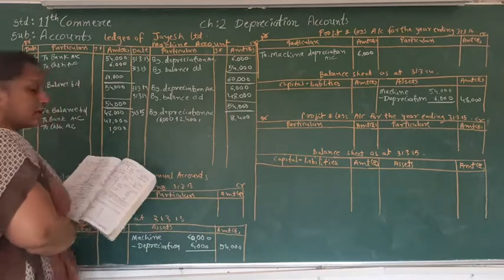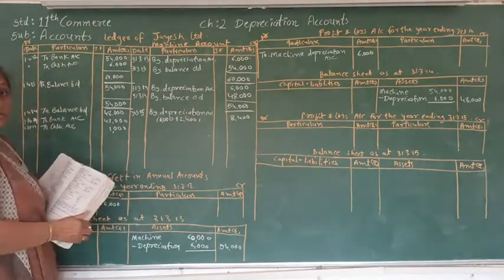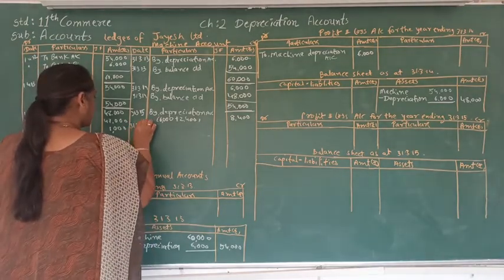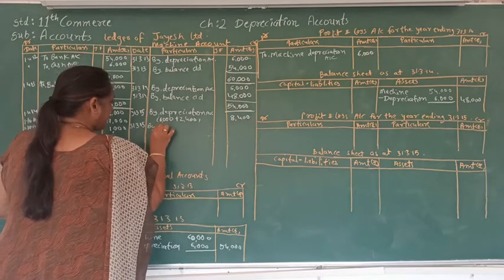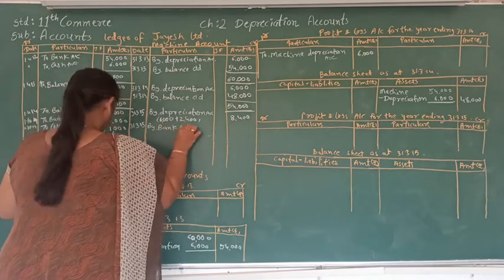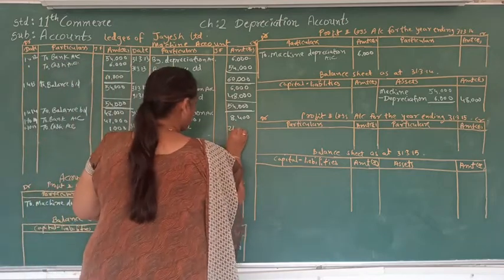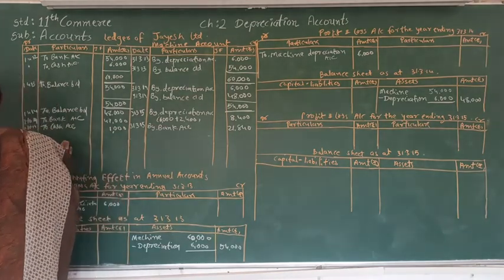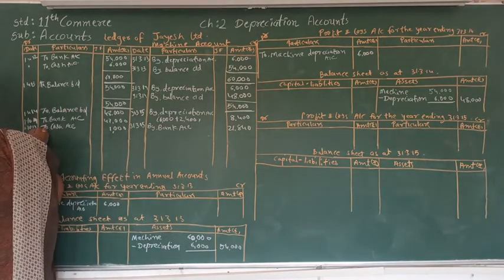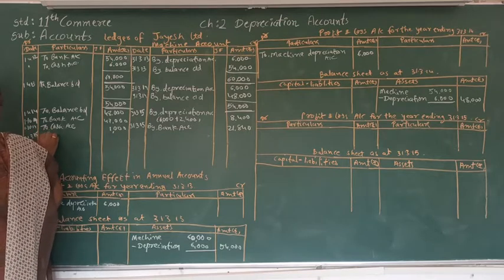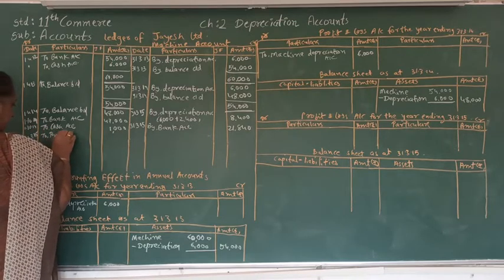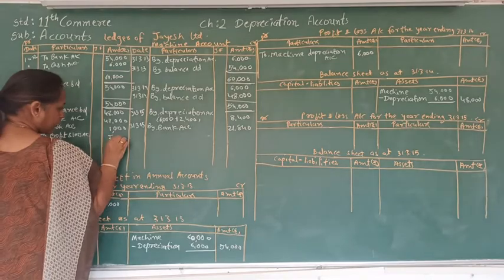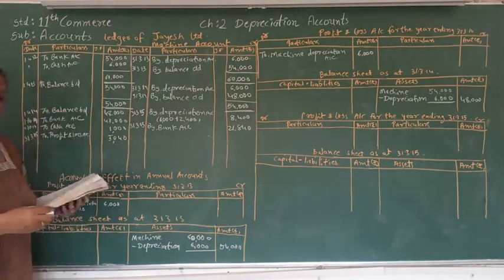Now we are selling 40% of the machine, and that selling price we have already calculated, that is on 31st 3/15, by bank account, 21,840. And here we are going to debit the profit, on 31st 3/15, to profit and loss account, and that profit portion was 5,040, which we already calculated in the working note.